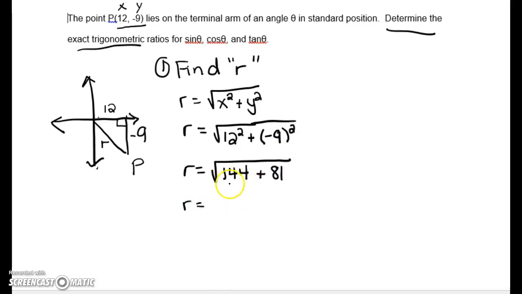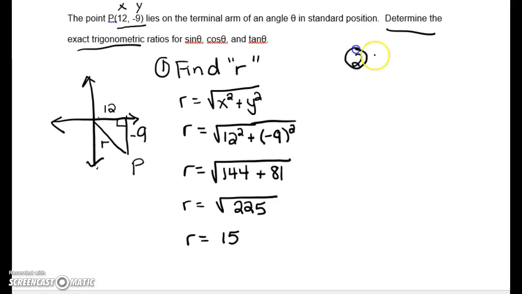We can simplify inside our square root by adding those two numbers. So we get the square root of 225. Now if we put that into our calculator, we would find that the square root of 225 is equal to 15. Now that we know r, now we can actually find those trigonometric ratios.